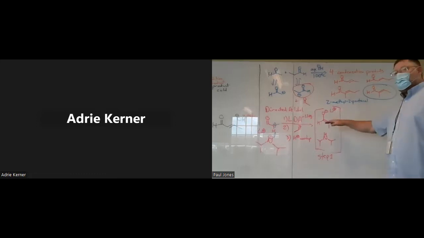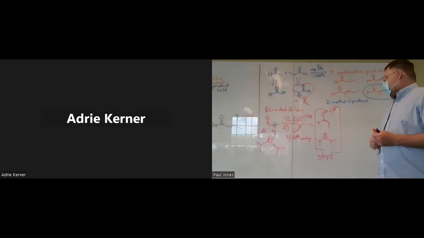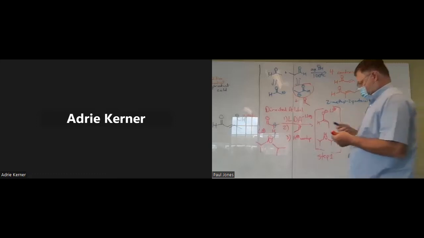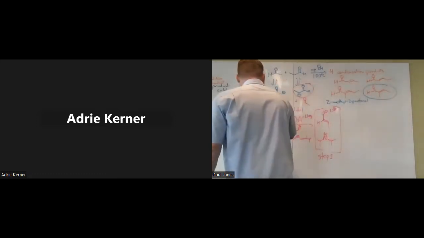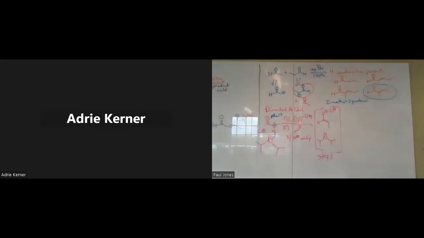So why do we use LDA instead of hydroxide? Think about pKa. We'll do pKa's again over here. The pKa of the aldehyde is like 17. Anybody got an idea of what the pKa is of the acid on the right side of this, the amine? You're thinking ammonium. All right, so this is the reason I ask.